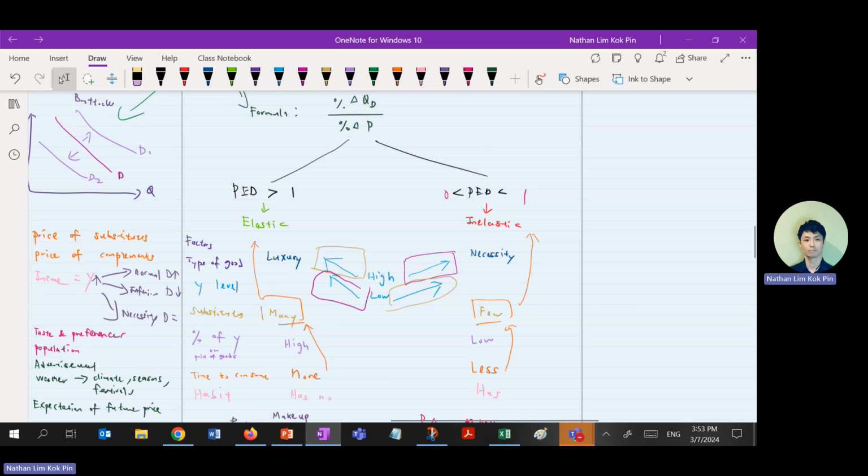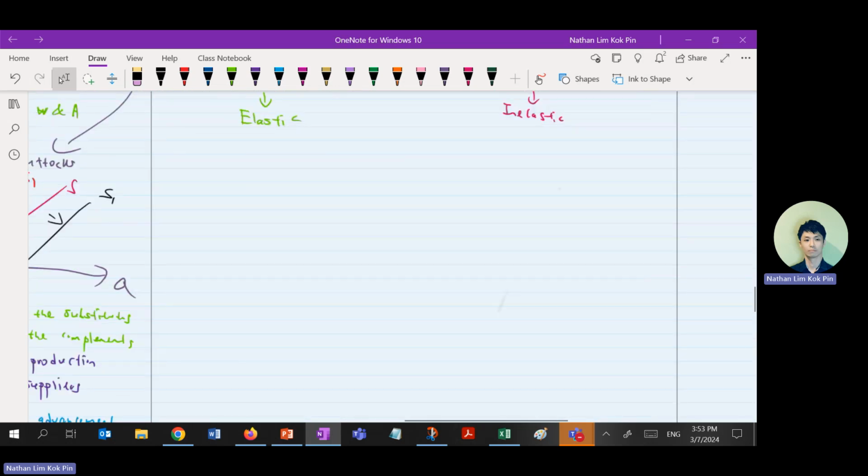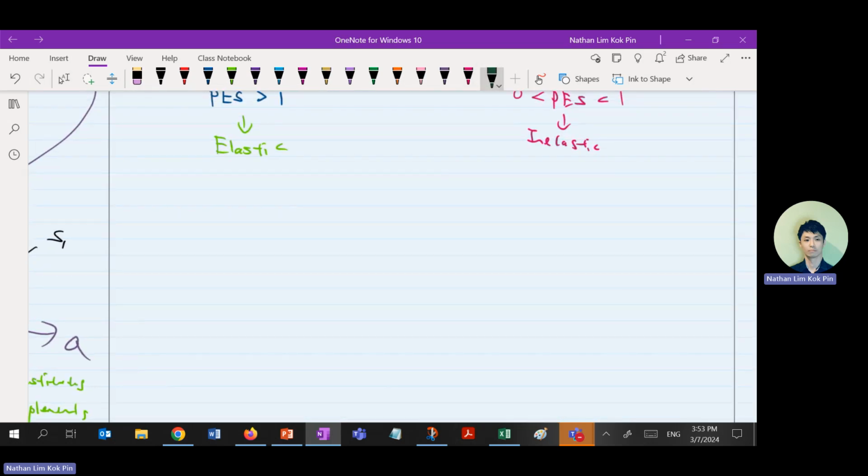So now, same thing, we will go through the factors. What are the factors that affect elasticity for PES? First one is capacity. If I still have capacity to produce, more capacity, I'm elastic. If I have less capacity, I'm inelastic.